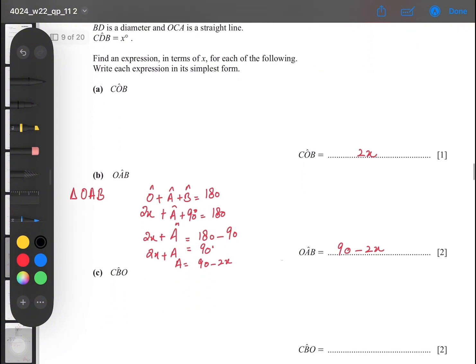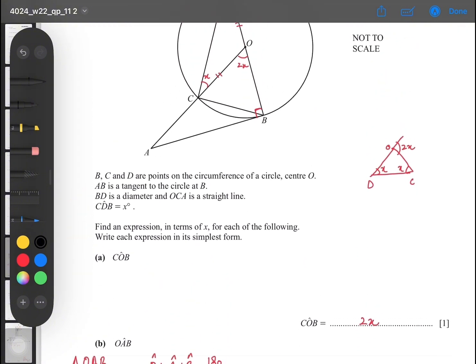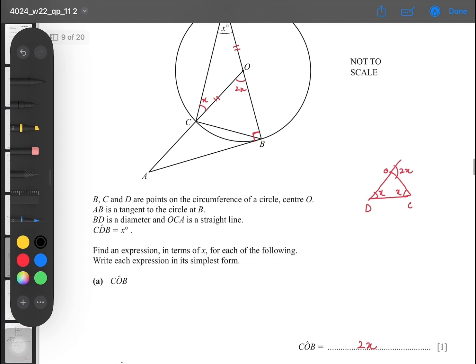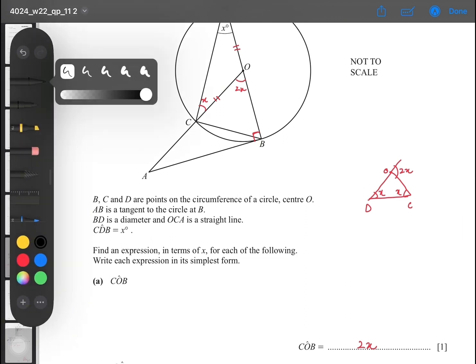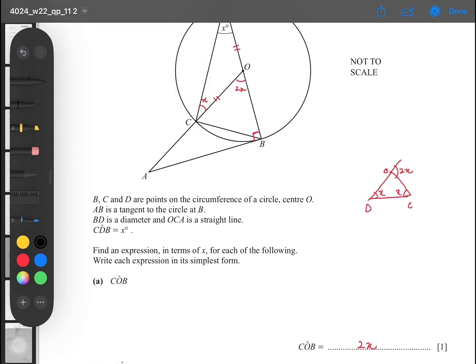For angle CBO, if I consider triangle OCB, this side is equal to this side. Again, this is the radius of the circle.